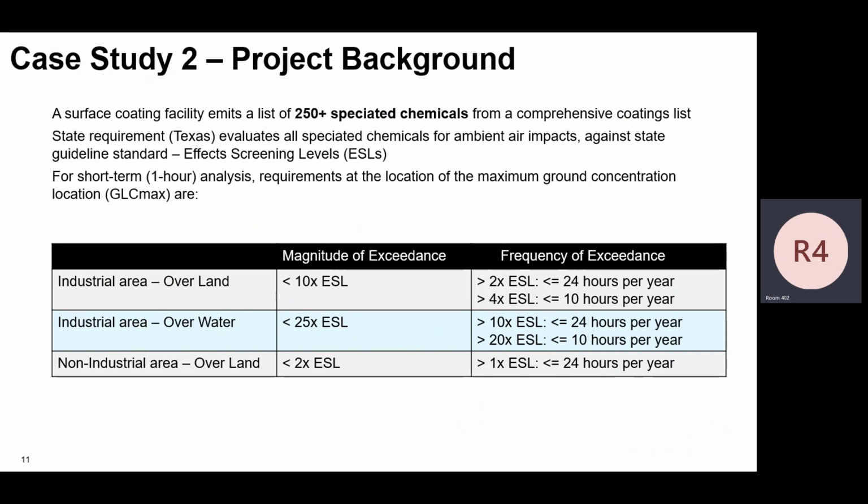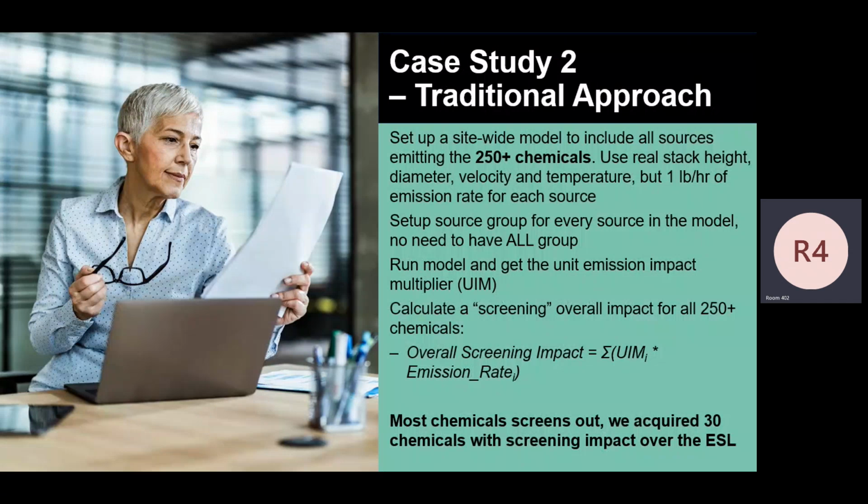As we said, we will create the maxifier. The traditional approach is we set up the site-wide model to include all the sources that we run. We use the real stack parameters, but for emission rates, we just use 1 pound per hour for every source, and then you'll get the unit impact multiplier.